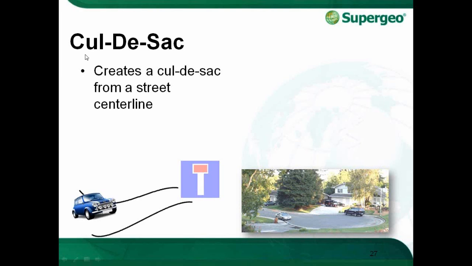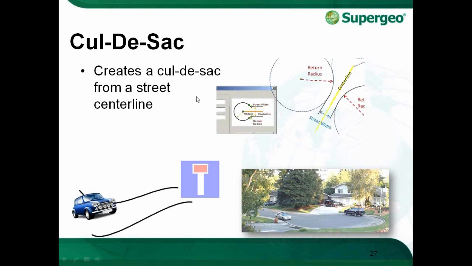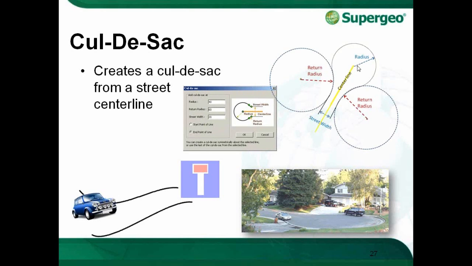So you can use our Cul-De-Sac function to give the information, to specify the radius, the return radius, and also the street width. So you can digitize this kind of road just by using our Cul-De-Sac function, to save your time digitizing every vertex by yourself. So this is for the four physical case functions in our Advanced Editor and the COGO.